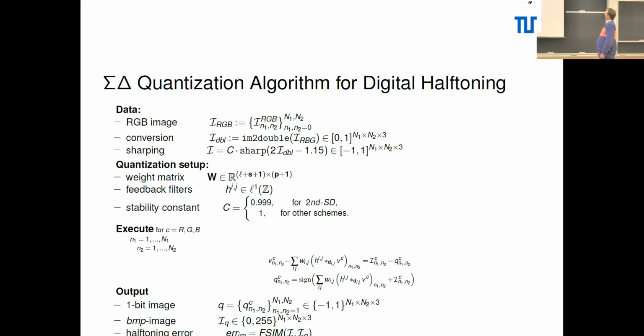But of course, we want to do this for digital images. We don't want a smooth function of that type, we want to use this for images. So let's set this up. This is the point that I would like to stress: we have to use some type of stability constant. Because the H is in L infinity norm or in L1 norm larger than 1 and has to be, we actually see occasional instabilities that blow up the system.